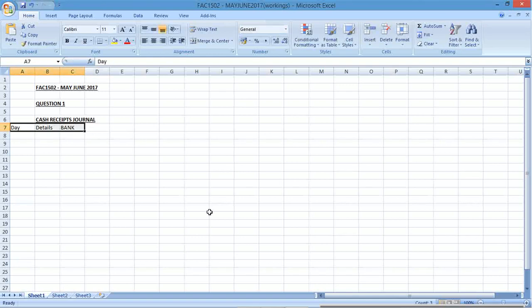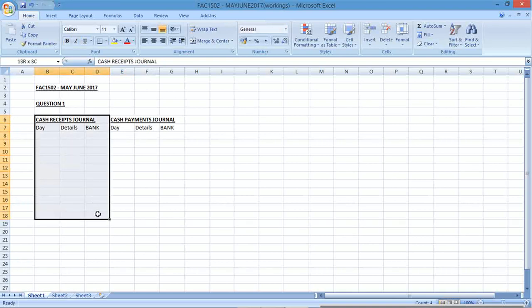And then you'll have the same thing for the cash payments journal. Okay, so cash payments journal, and then you'll have date, details, and bank again.